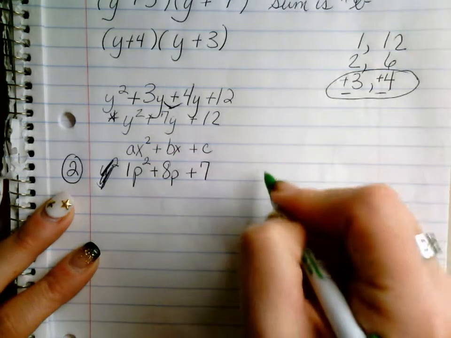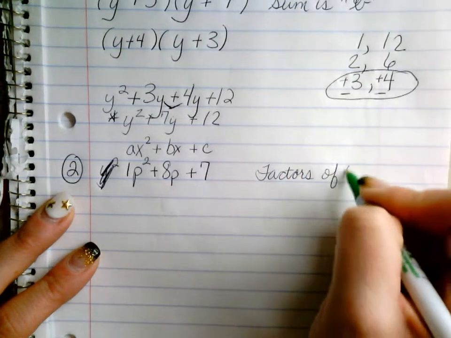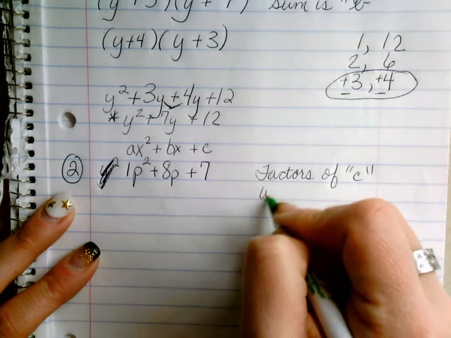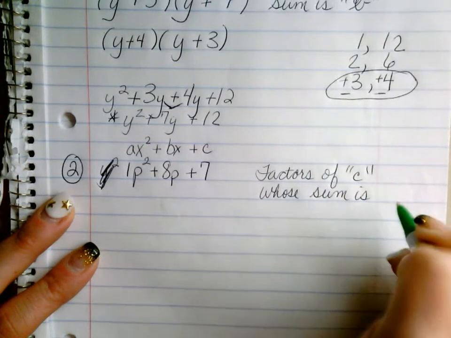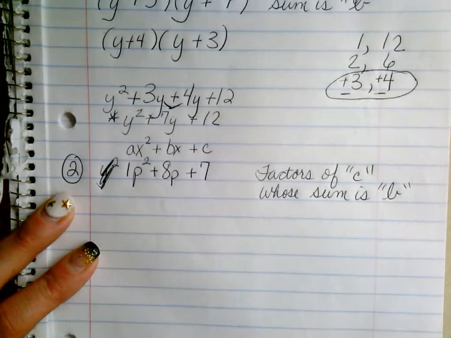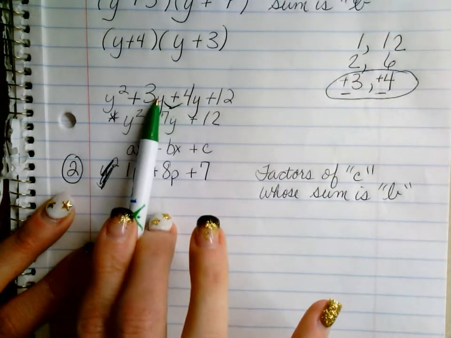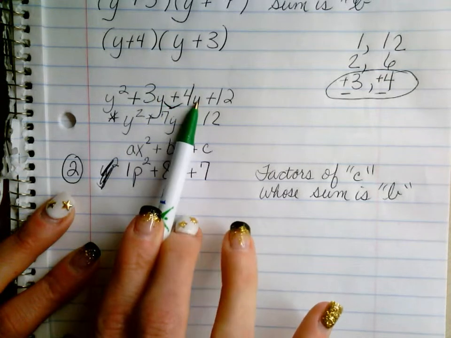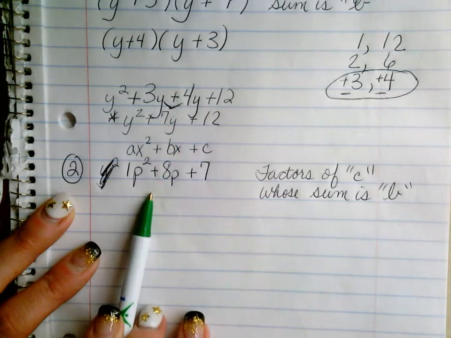We are going to look for factors of c whose sum is b. Okay? Because look at that. 3 plus 4 gave us 7. The sum of 3 and 4, which is the b value, is 7. Okay? Here, we're in the same spot.